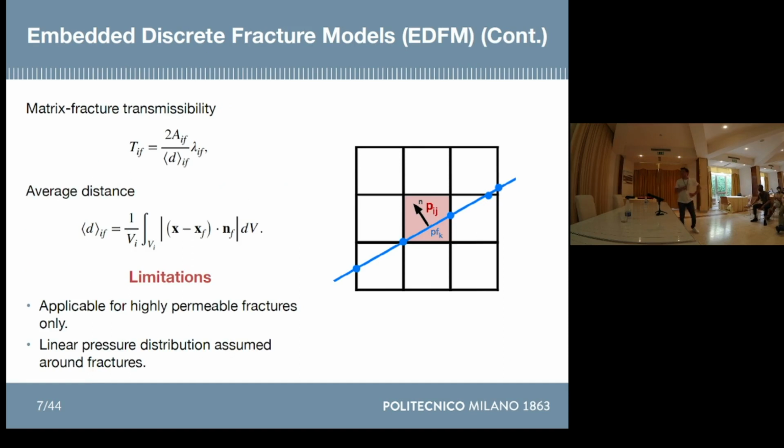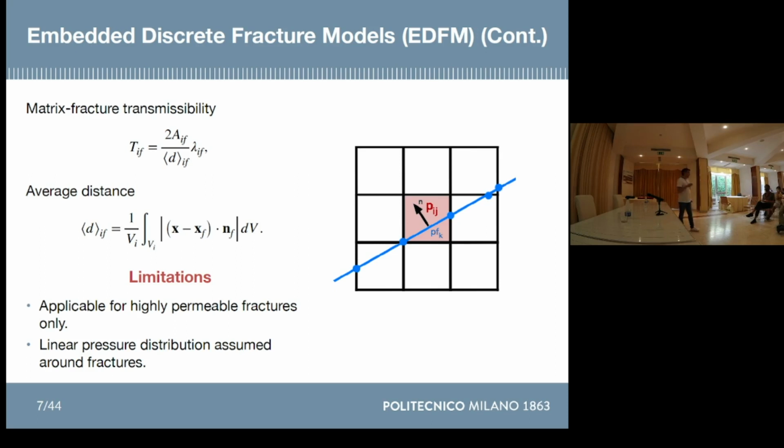In particular in this model, the matrix-fracture transmissibility is a function of the fracture surface inside the matrix cell cut by the fracture, a mobility term, which is typically the ratio between permeability and dynamic viscosity, and an average distance term, which stands for the average distance between points in the matrix and points belonging to the fracture surface.